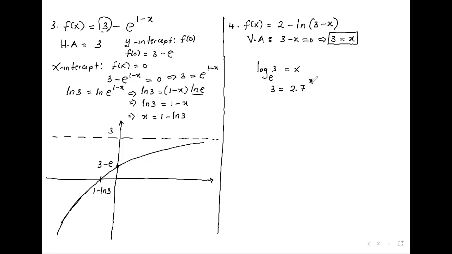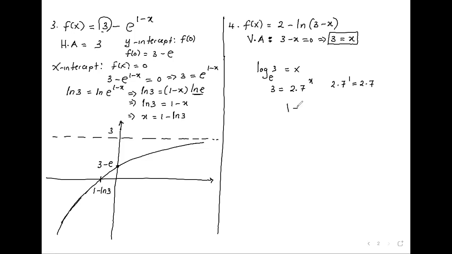Very small, but even if it is very small, 2.7 power 1 is 2.7, which is less than 3. So this power has to be bigger than 1 for you to move this 2.7 to 3.